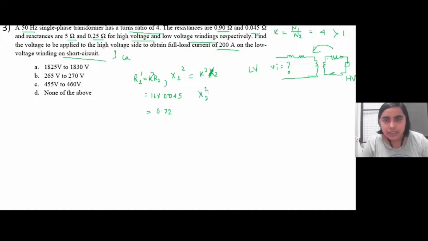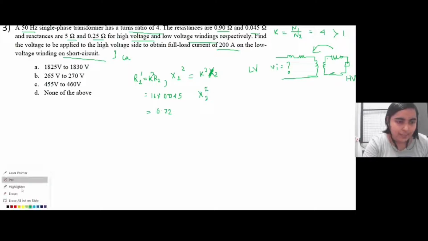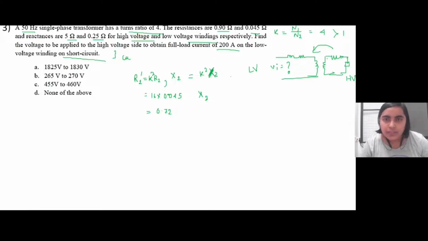Similarly, X2 dash is again 16 into the reactance, which is given as 0.25. So 16 into 0.25 comes out to be 4.